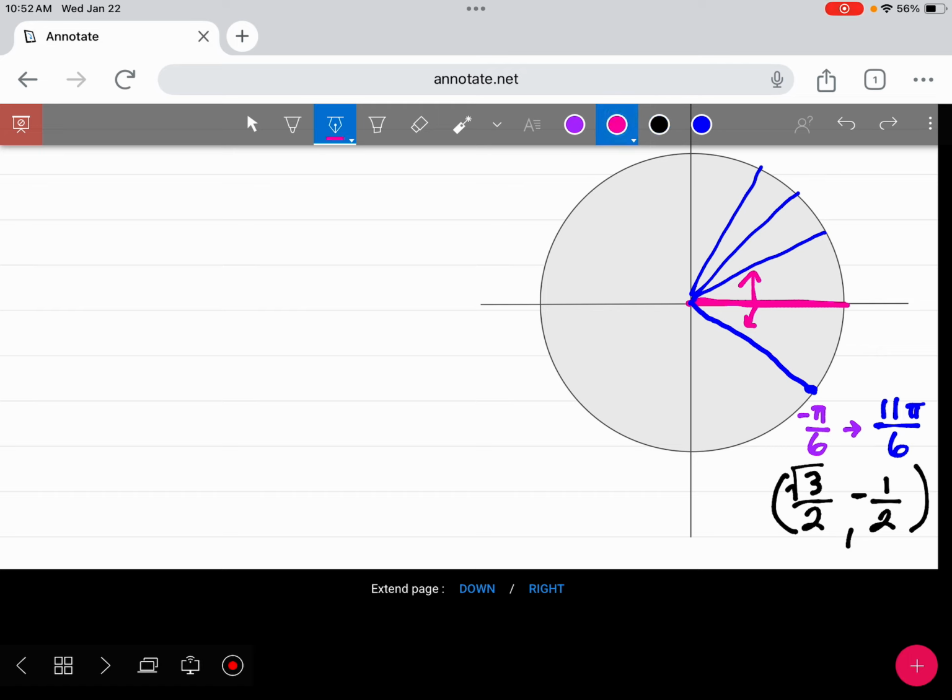When we work with our ordered pairs, what this section is most working on is that our x's are our cosines and our y's are our sines. I always remember that being alphabetical order. X then y, cosine then sine. They're in alphabetical order.